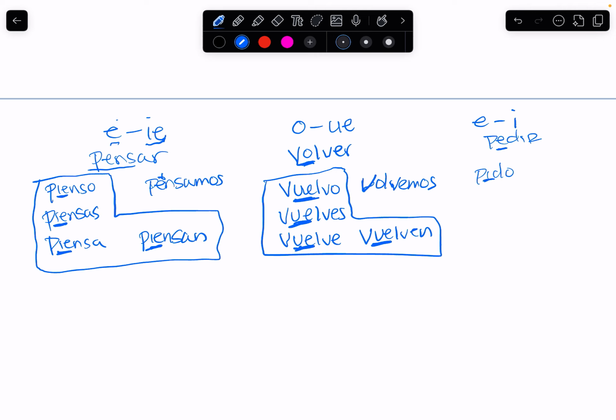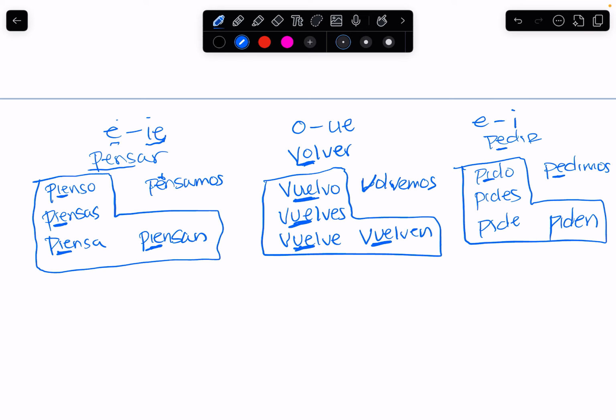That E changes to that I. Pides, pide, pedimos. This one does not change, so that's why it normally stays out of the boot. And piden. Yet again, another boot formation that tells you that those inside the boot are the irregular ones.